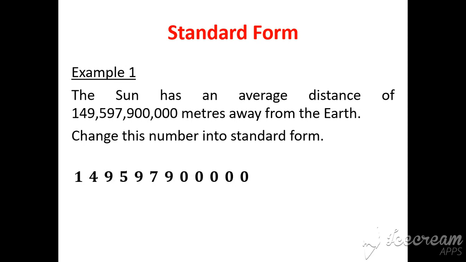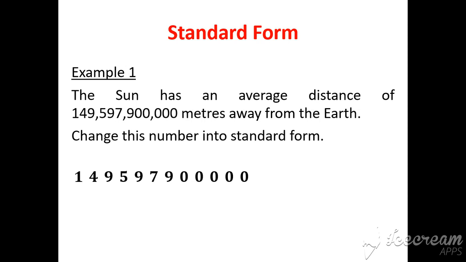So let's write down the number without any commas, and let's put the decimal point at the beginning where we pretend it's going to be between the first two digits. Right, we're going to move it once, twice, 3, 4, 5, 6, 7, 8, 9, 10, 11 times to get it to the end where it should be. We moved it 11 times to the right.